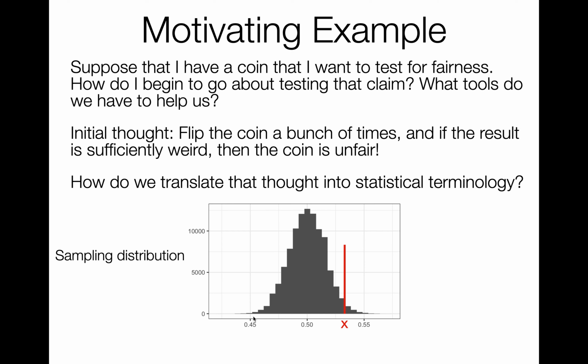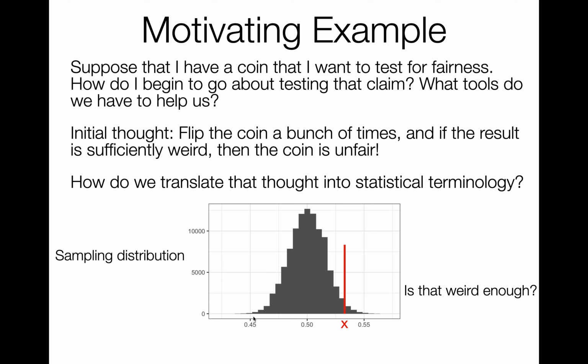So I flip the coin a bunch of times, and out of maybe 10,000 flips, 53% of them were heads. Is that enough evidence, so to speak, that I now believe the coin is not fair anymore? Is that weird enough? That's what we're going to try to find out.